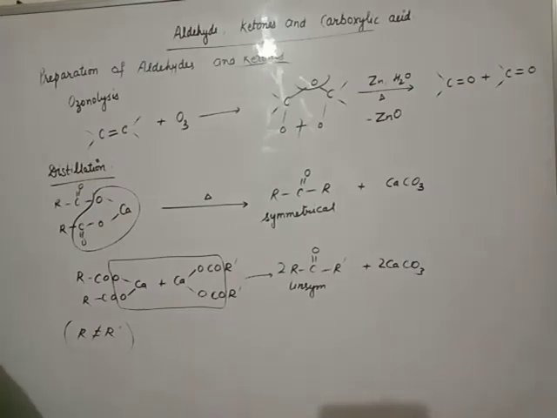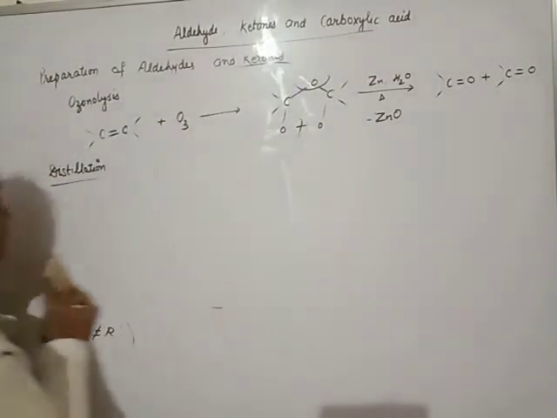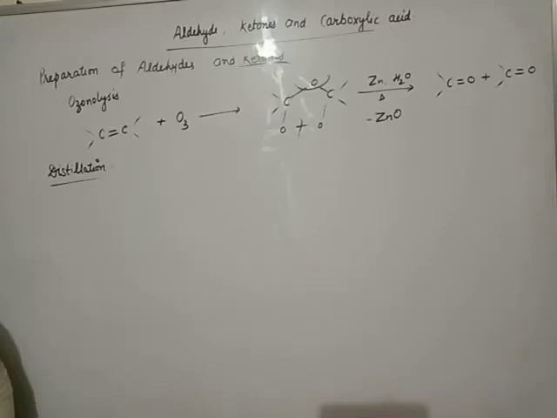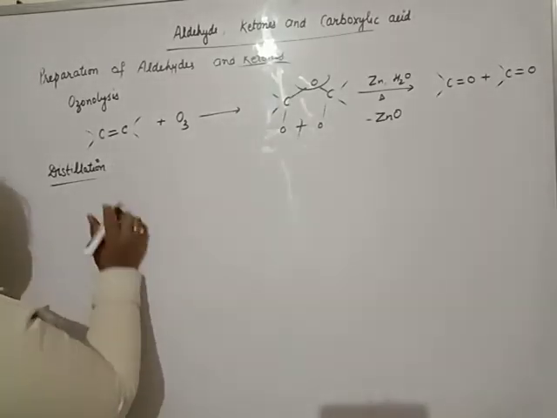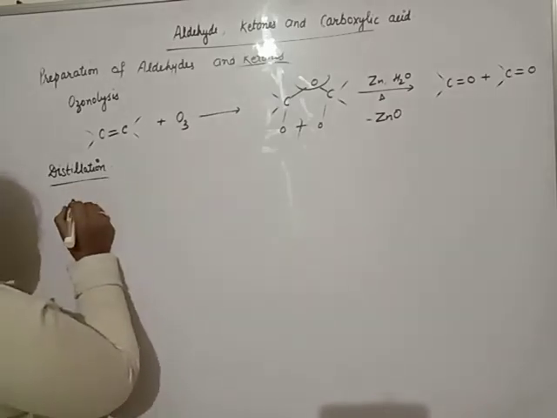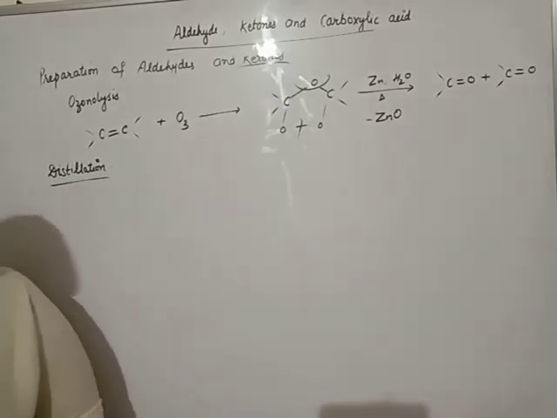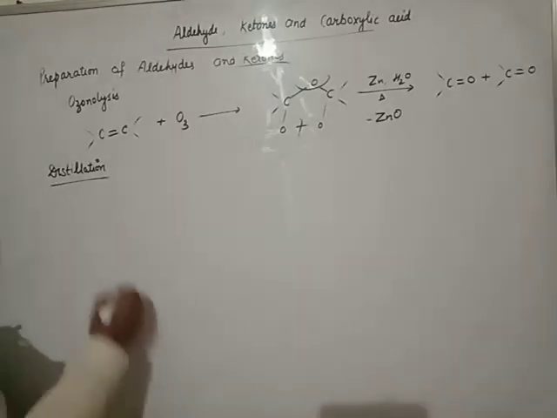Another method, beta, is distillation with manganese oxide. Beta, if you want to prepare symmetrical or unsymmetrical, you will use 2 moles of acid.